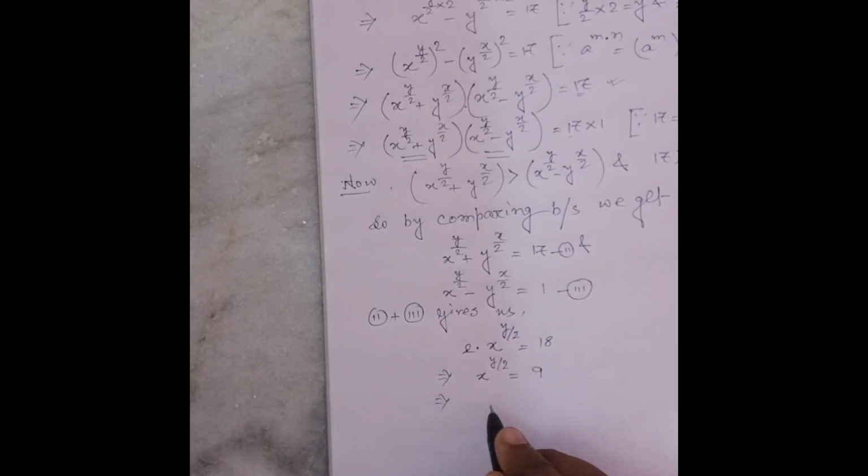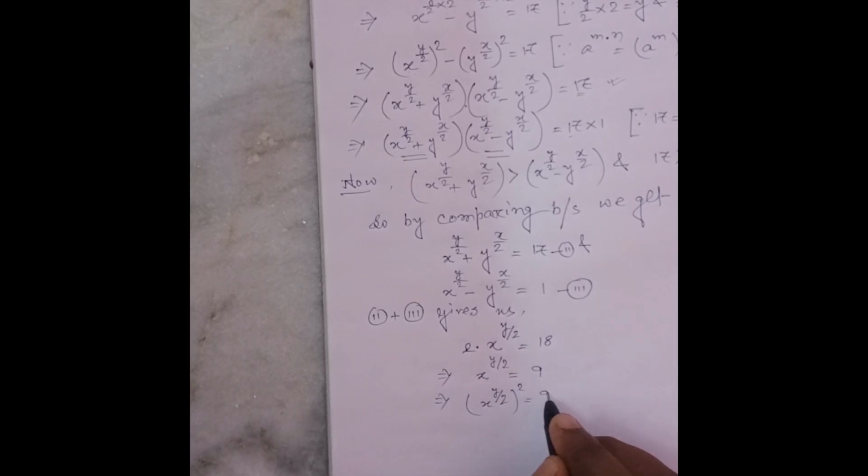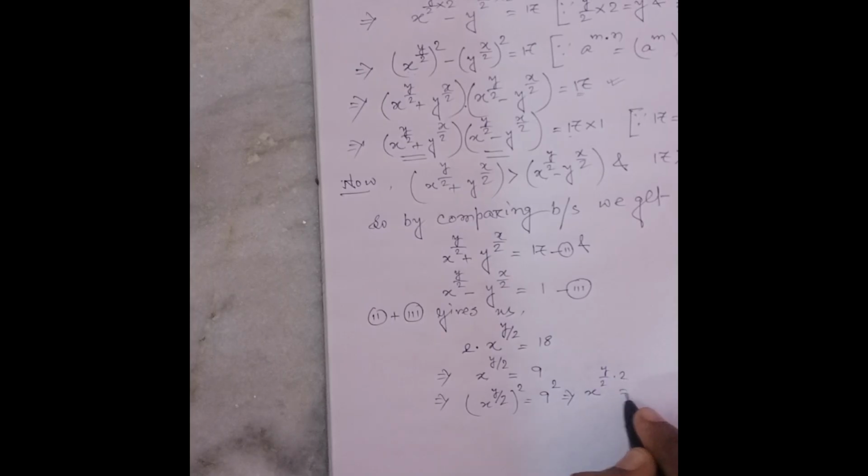So squaring both sides, we get x to the power y by 2 into 2 is equal to 9 square, and 9 means 3 square, so 9 square is 3 to the power 4. The 2s cancel, so x to the power y is equal to 3 to the power 4.